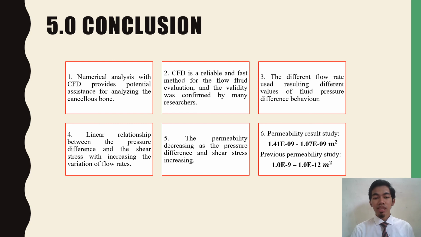And lastly, the permeability result in this study is in the order of exponent -9, compared to previous permeability studies, which are on average from exponent -9 to exponent -12.